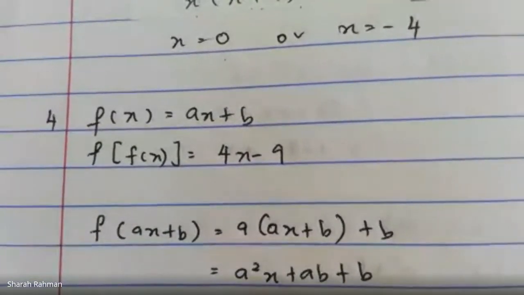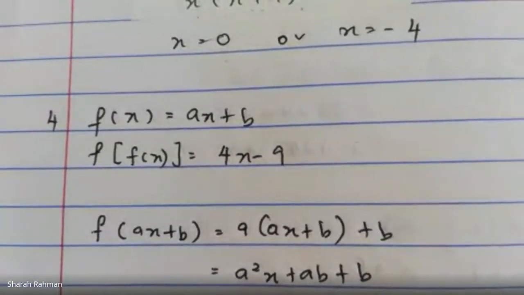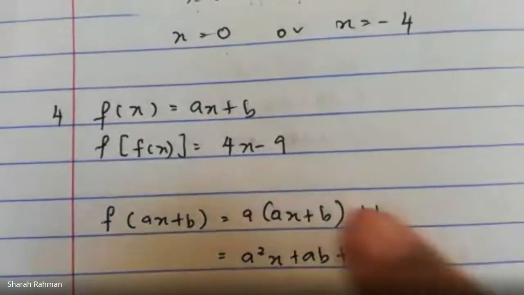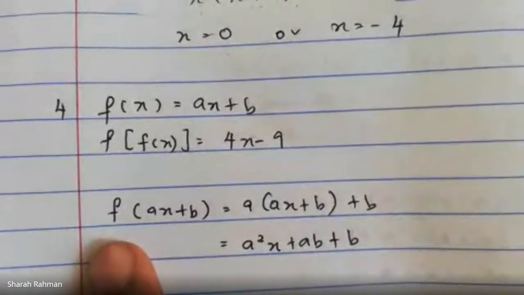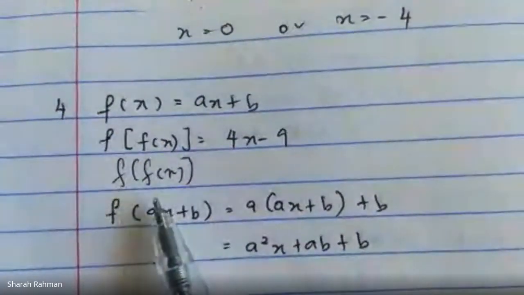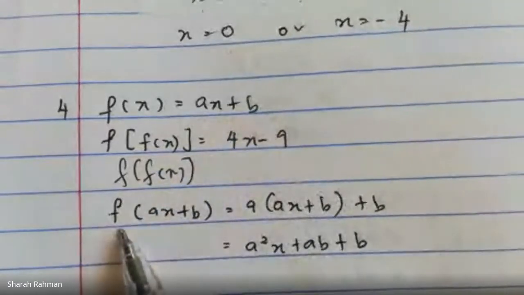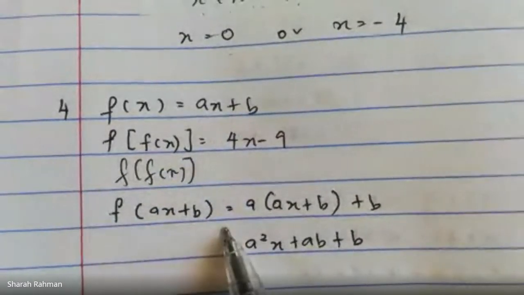Okay, to find a and b, firstly we will do what is ffx first. So from the function given, fx is ax plus b. So we want to find f of ax plus b.